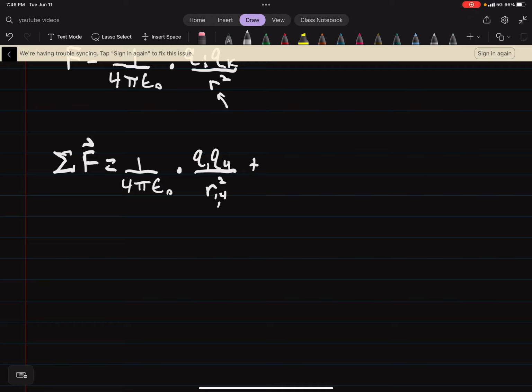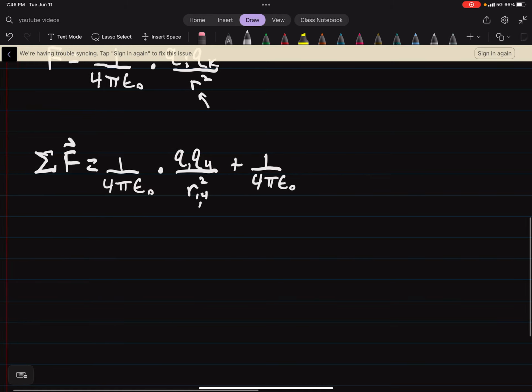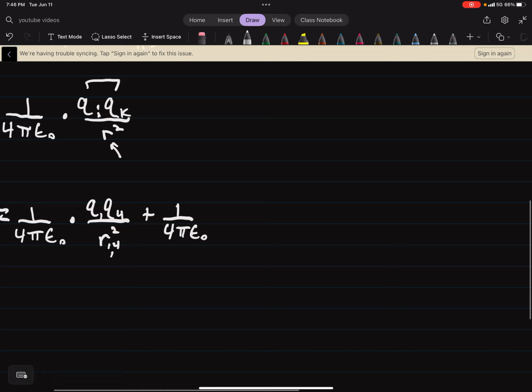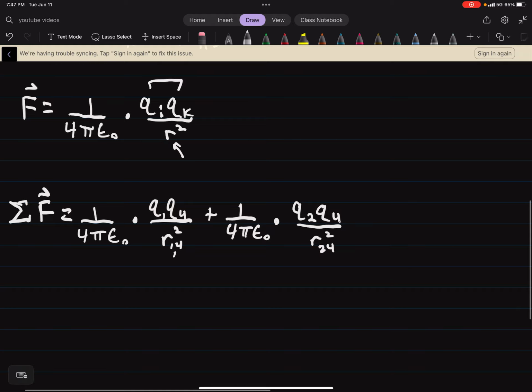Plus 1 over 4 pi epsilon naught times Q2 times Q4 over r24 squared. And I should be putting little unit vectors, r hat.